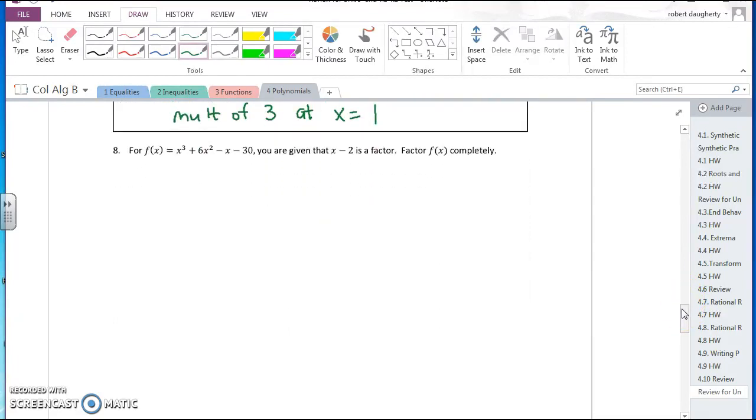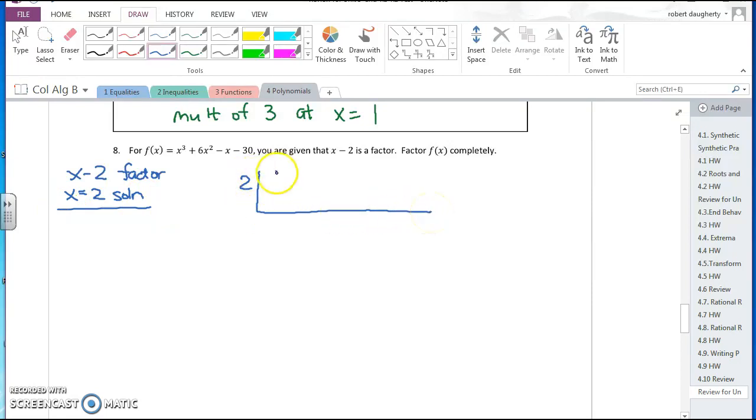Problem 8, if we continue with this, I'm given that x minus 2 is a factor, and I'm asked to factor this polynomial completely. So if x minus 2 is a factor, that means that x equal 2 is a solution. So when I do synthetic division with a 2, I'm expecting to get a 0 remainder.